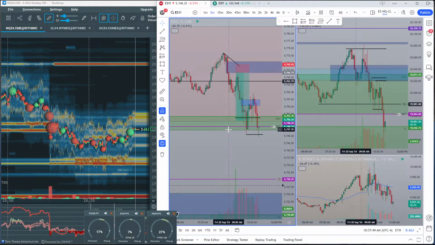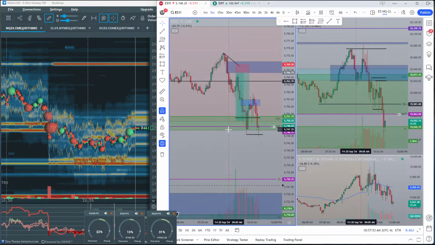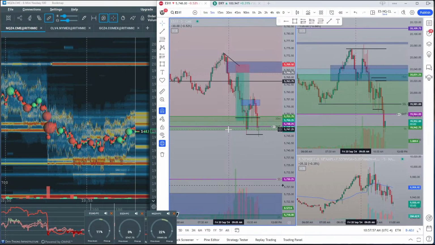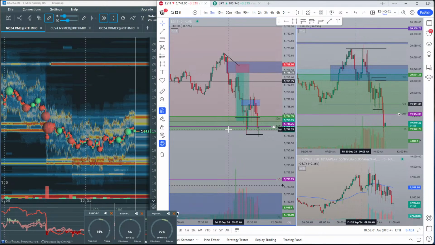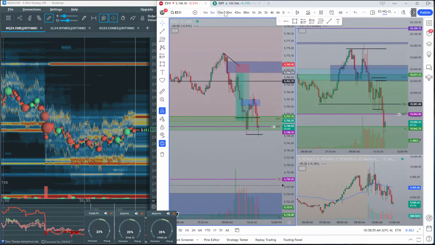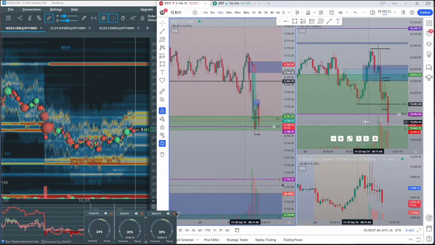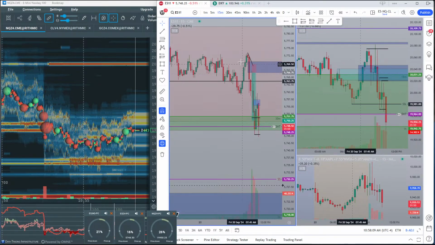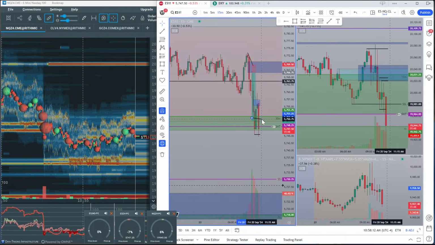I usually wrap the stream up around now, but I really do want to see how this 5 closes. Give me a few minutes, just sort of wait it out. Coming out of a demand zone, coming out of a liquidity sweep on ES, demand zone on NASDAQ. I want to see how the 15 closes. I want to see everything.